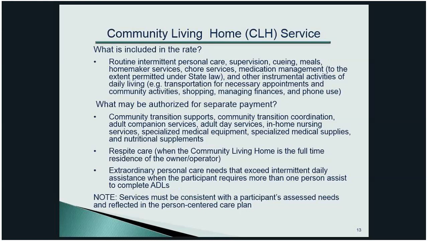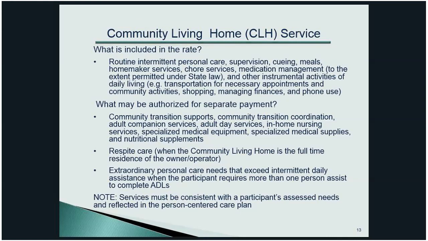And then extraordinary personal care that exceeds intermittent daily assistance, when the participant requires more than one person to assist with ADLs, can also be authorized. Just a note there at the bottom, services must be consistent with the participant's assessed needs and reflected in the person-centered care plan.